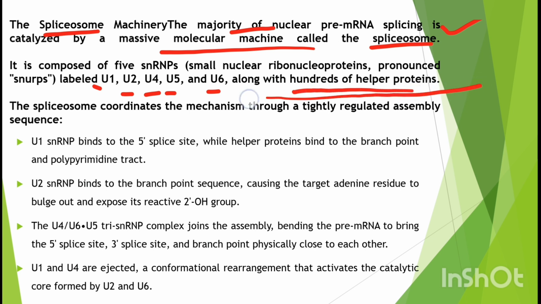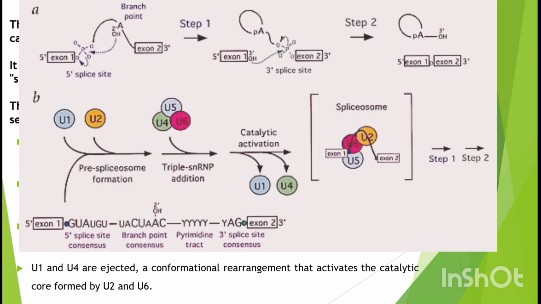All together are called the spliceosome. The spliceosome coordinates the mechanism through a tightly regulated assembly sequence. At first U1 snRNP binds to the 5' splice site, while helper proteins bind to the branch point and polypyrimidine tract. U2 binds to the branch point sequence, causing the target adenine residue to bulge out, exposing its reactive 2' OH group.